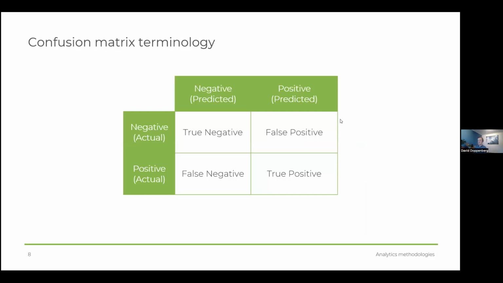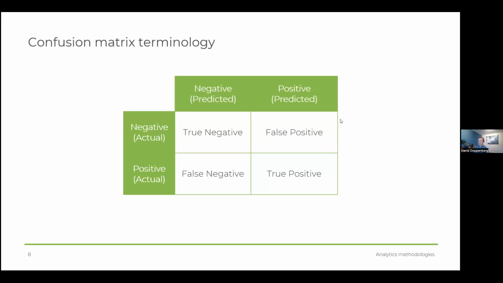So again, what happens when we're doing classification problems is that we are predicting a label. And most of the time we're just looking at a binary classification, meaning that we're either saying the outcome is of the positive label or the negative label.